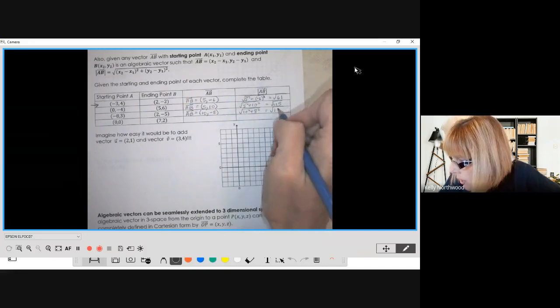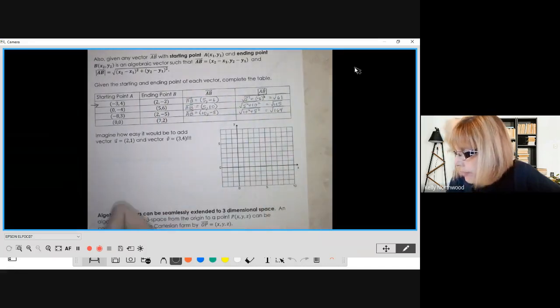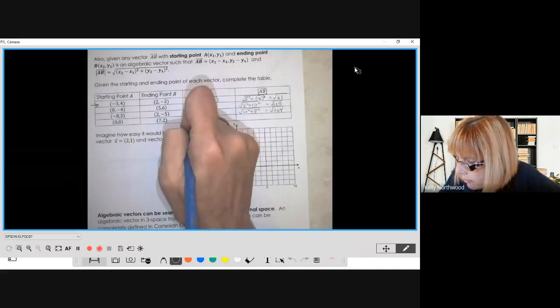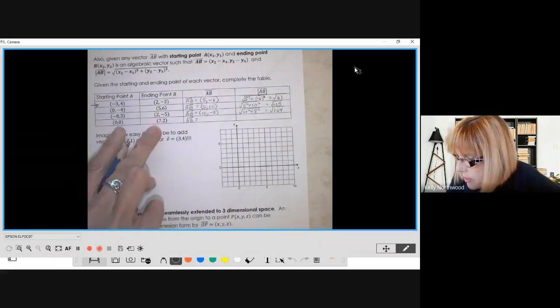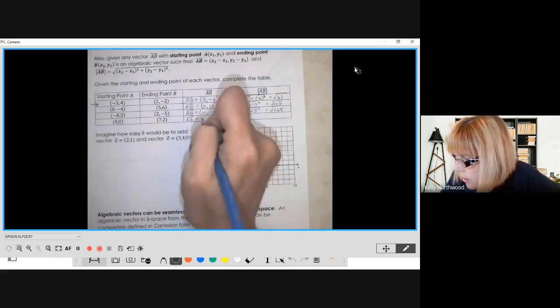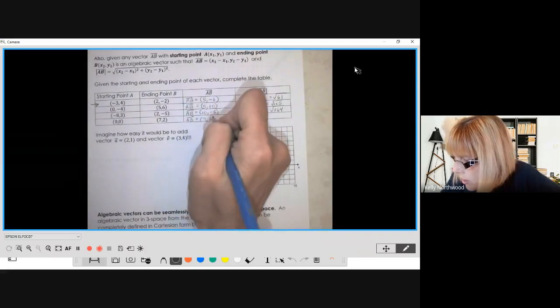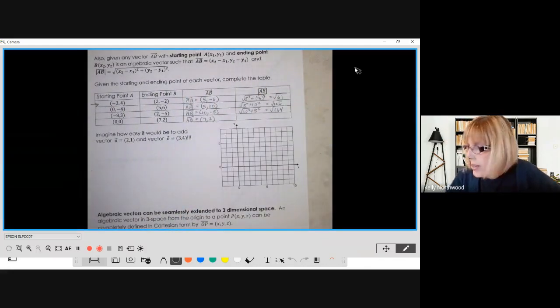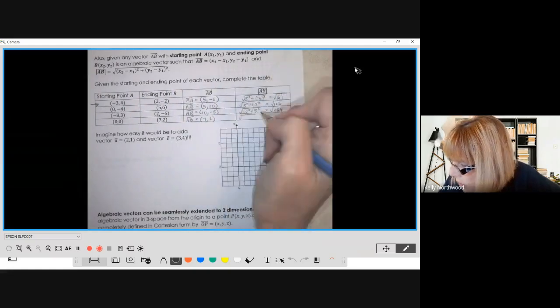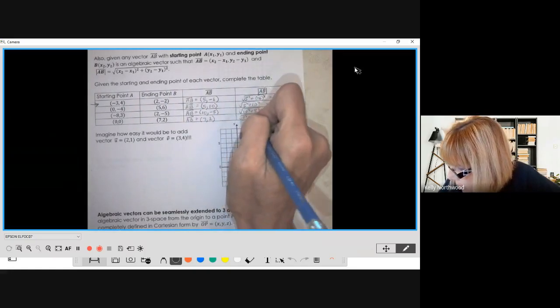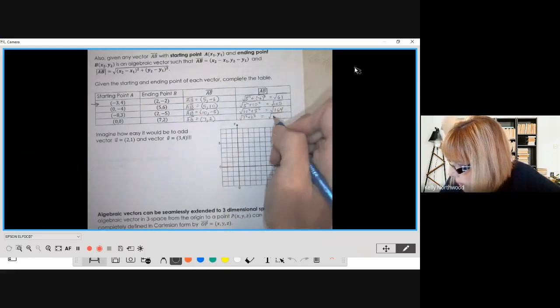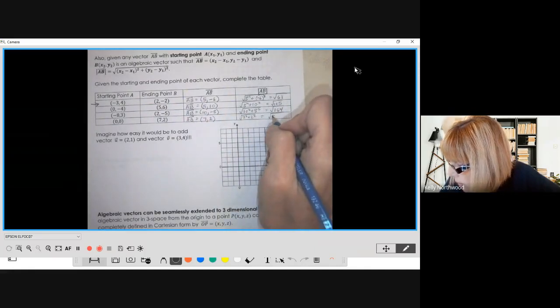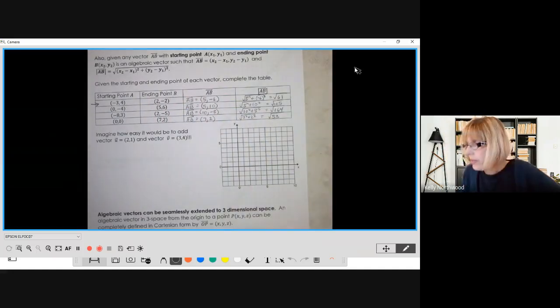So the square root of 164. And then here, we're already given an algebraic vector because they're starting at 0, 0. So AB is just going to be 7, 2. 7 minus 0, 2 minus 0. The magnitude is going to be the square root of 7 squared plus 2 squared, which is the square root of 54. No, 53. Square root of 53.